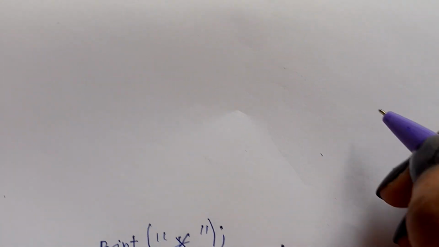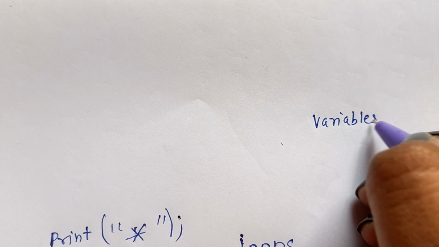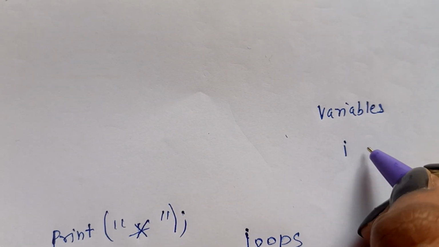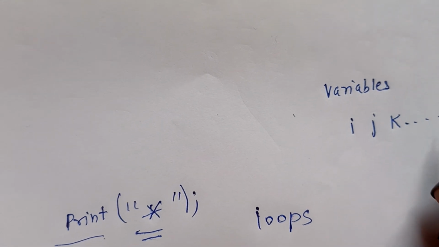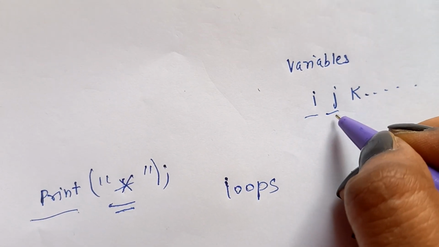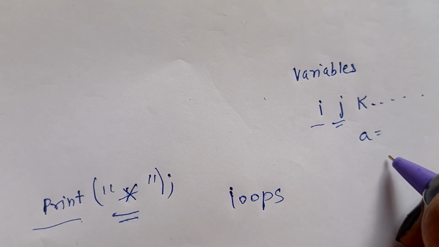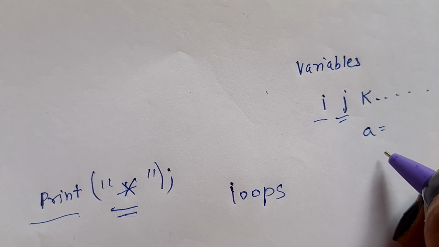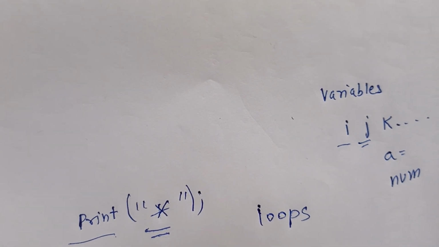Generally we use variables like I, J, K and so on. Mostly programmers use i and j, but you can use any kind of variables, maybe 2-letter, 3-letter variables.